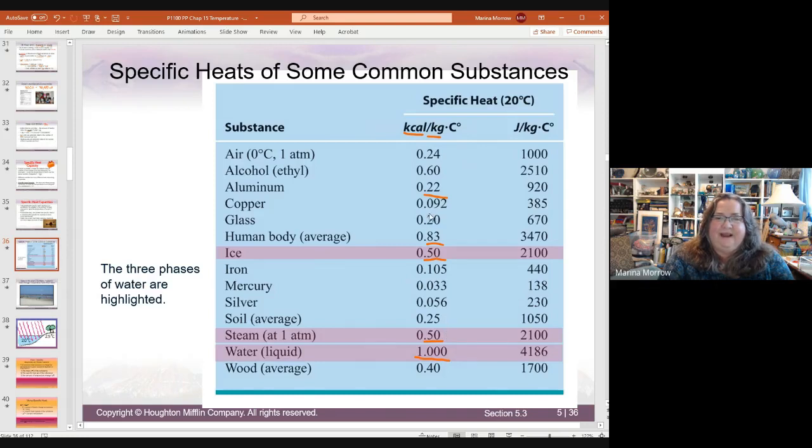You look at something like copper, it's 0.092, which means it's close to 0.1, which means that it's 1/10 as much as the specific heat capacity of water. So with the same amount of energy, you could heat up maybe 10 grams of copper while you're only heating up 1 gram of water. Or you could think that copper will raise to 10 times the temperature.